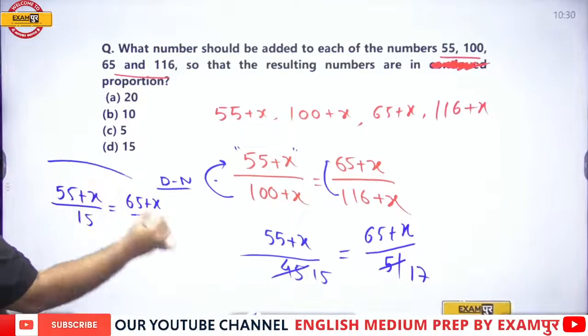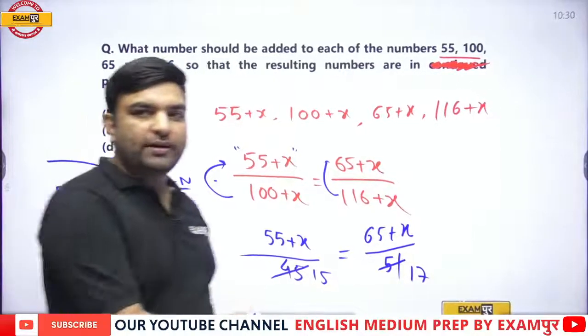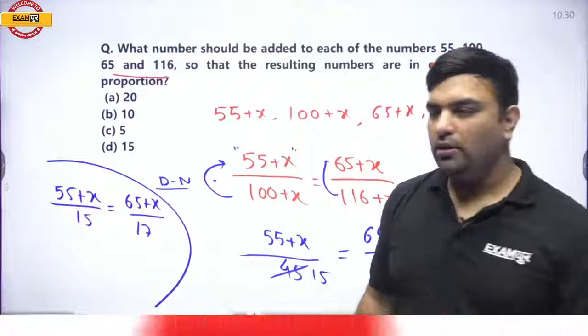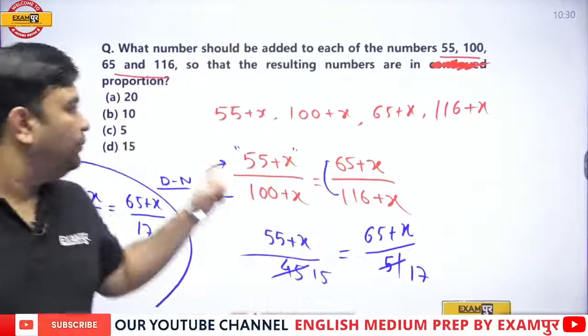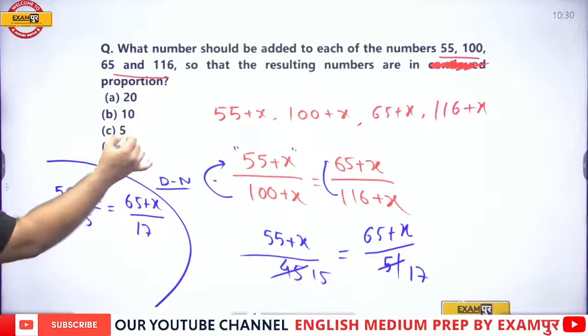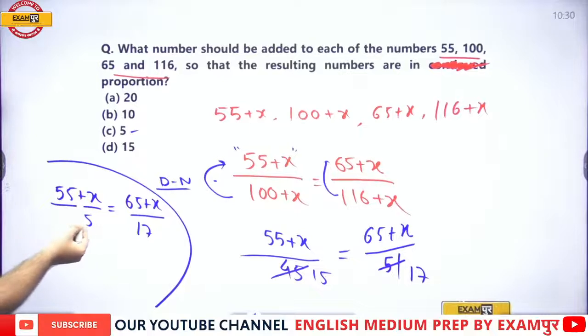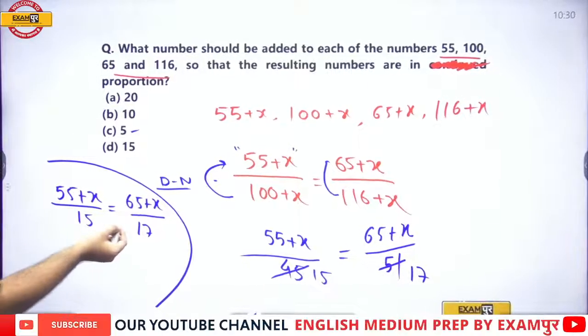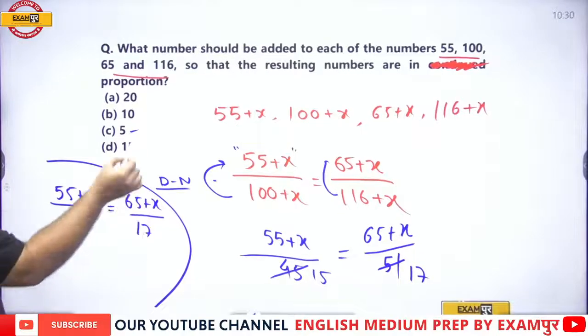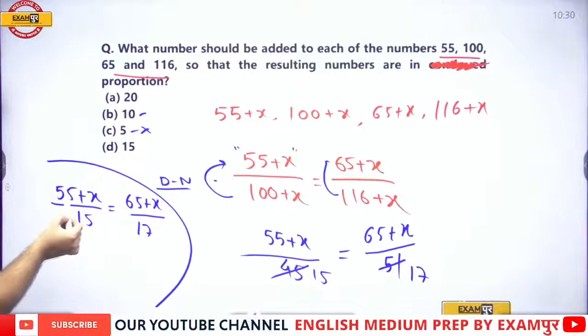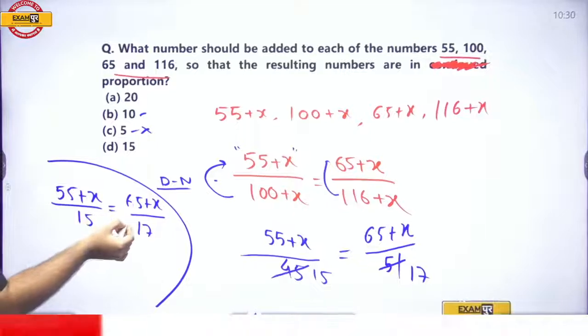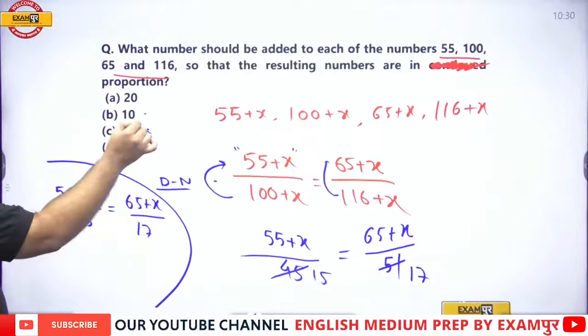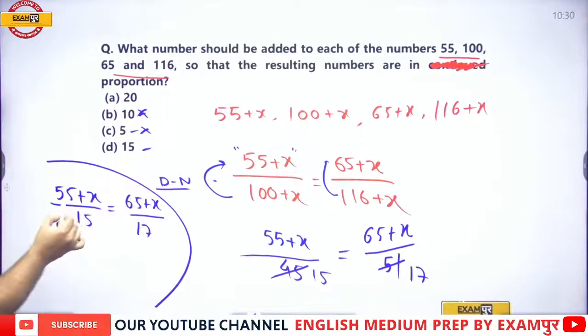Now since the values are small, we can take a chance of putting in values. Let's suppose you take 5. So it will become 60 over 15 and 70. No. Take 10. 65 and this will become 75. Not looking so. Take 15.